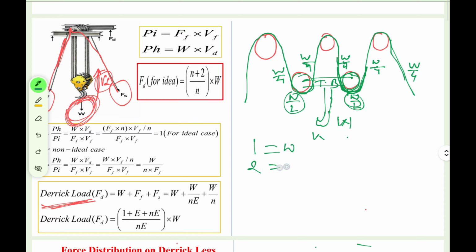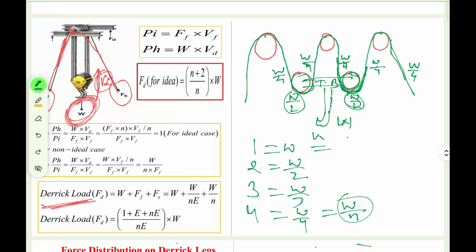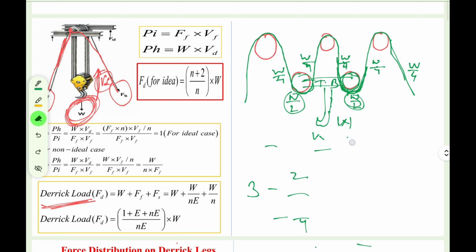If two ropes are there, then the load is W by 2. If three ropes are there, W by 3, and four ropes, W by 4. So can I say this is nothing but W by N, the N ropes for the W by N? Yes, we can write W by N, right?